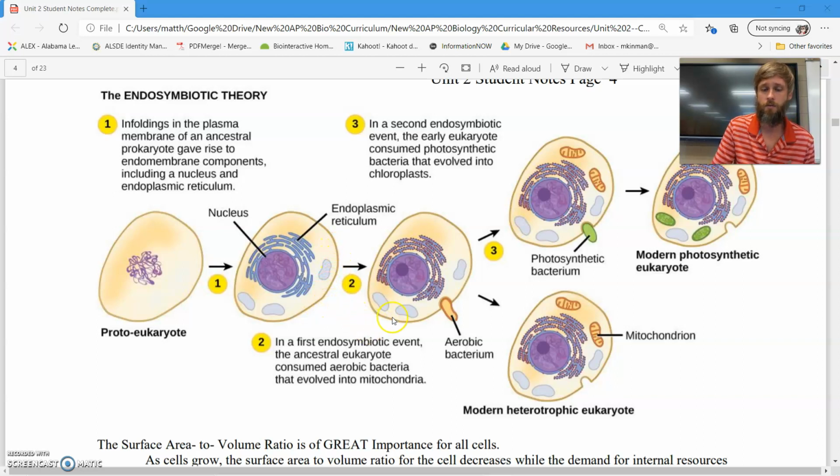And so then these larger eukaryotes lived in close relationship with smaller aerobic bacteria. And as you see here, the bigger one is engulfing the smaller one, but look what happens. It does not break down and digest this small guy, because this small guy, this prokaryote, is aerobic.